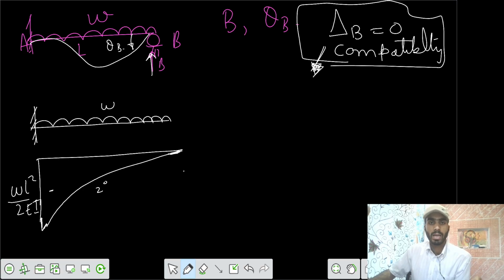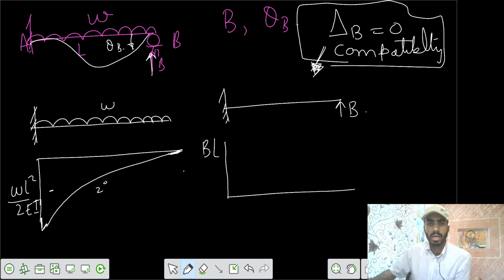Similarly, you have the same beam, but you are applying a load of B upwards. So your BMD would look like a linear variation of B into L, then goes to 0. This is 1 degree. So we got these two values. This is positive, this is negative.